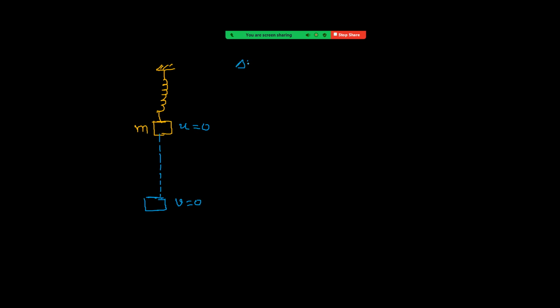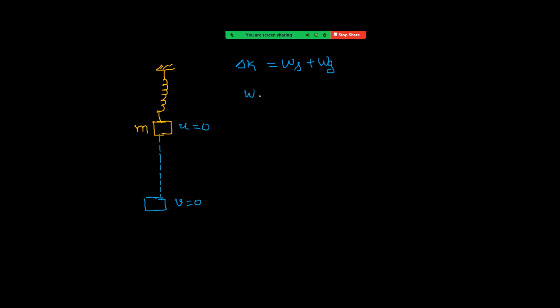Zero. And see, on the block how many forces are acting? One is gravitational force, second is spring force, right? And spring force is now a variable force. So first calculate work done. I can write here delta K equal to work done by spring force plus work done by gravitational force.